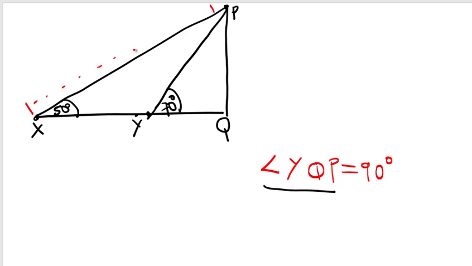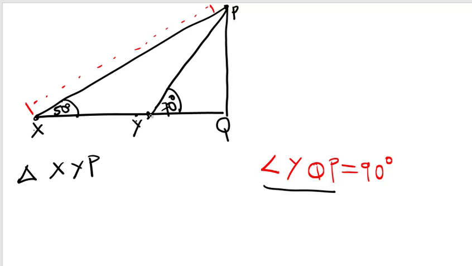The question wants us to find the distance or the length from X to P. Now before we do that, let's try and find some angles in the triangle that we are having there. Let's consider triangle XYP.